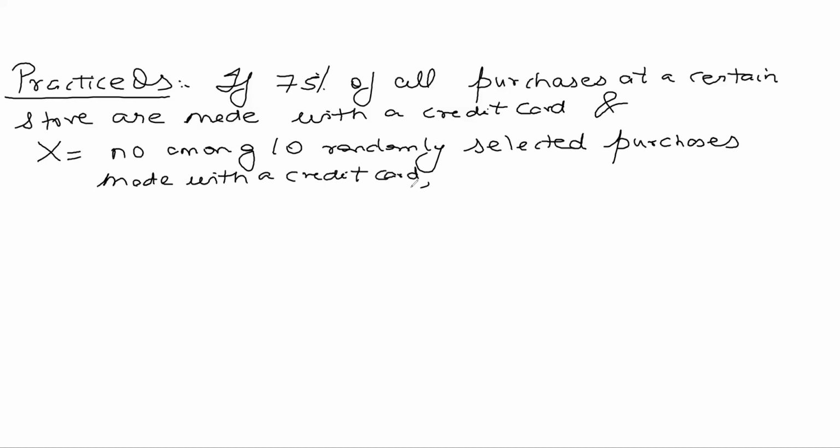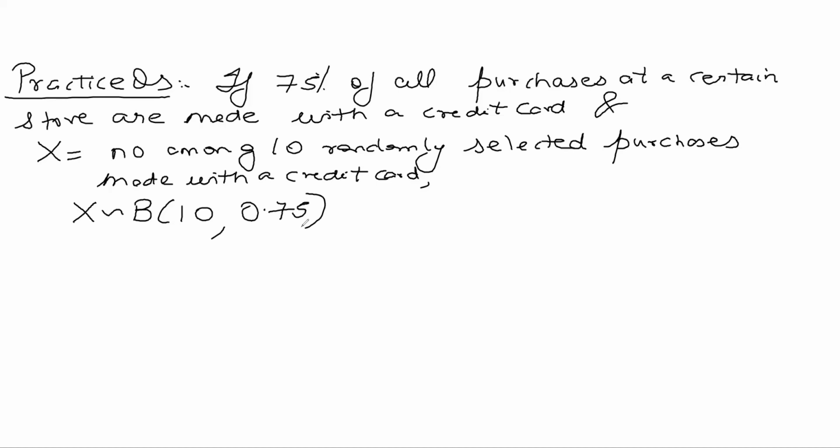then what does X follow? X follows a binomial distribution. What's my N here? N is 10, the number among 10 randomly selected purchases made with a credit card. And what's the probability of success? 75% of all purchases at a certain store are made with a credit card, so the probability of success is 0.75.